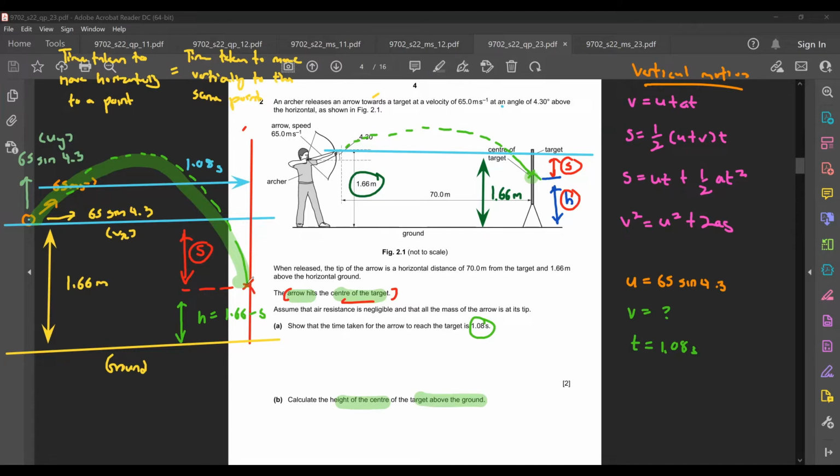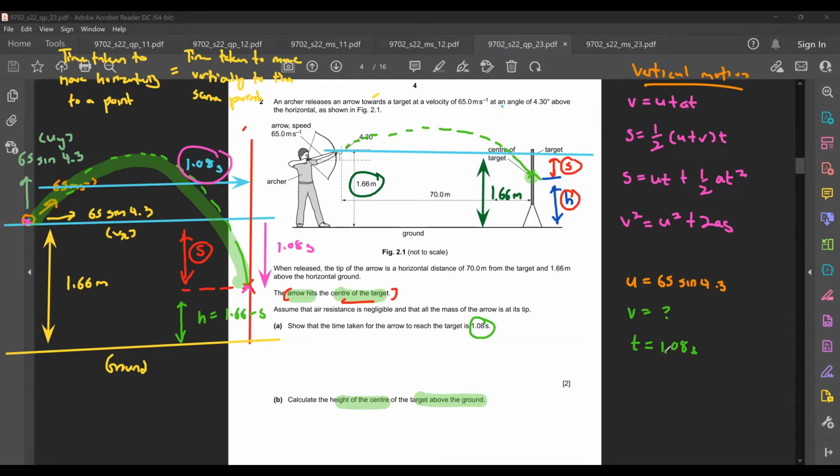Now your motion also has a vertical component to it. From the starting point to the end point here, you actually move vertically like this. This one will also take the same time as it took you to move horizontally to the same point. This one will also be 1.08 seconds.